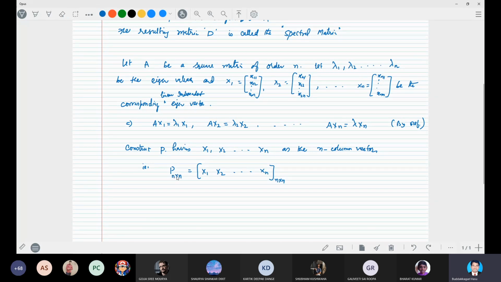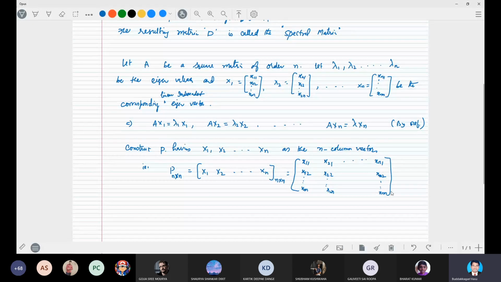This is by, not x. Don't confuse. I am just writing here, that's why I have taken this x11 like this. What is x1? x11, x12, and so on x1n. This is x1. Now x2: x21, x22, and so on x2n, and so on, xn1, xn2, and so on xnn.